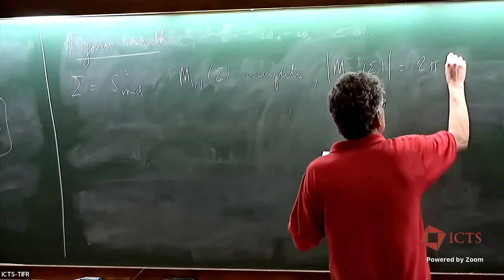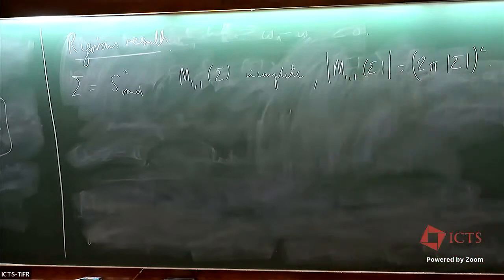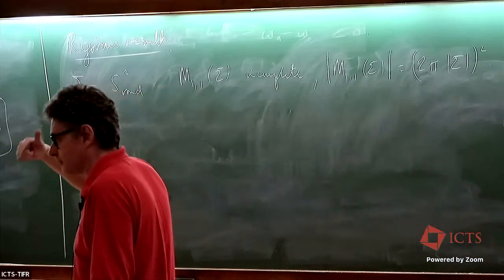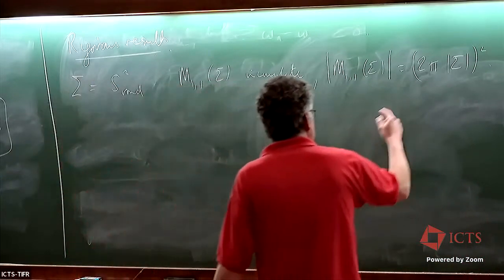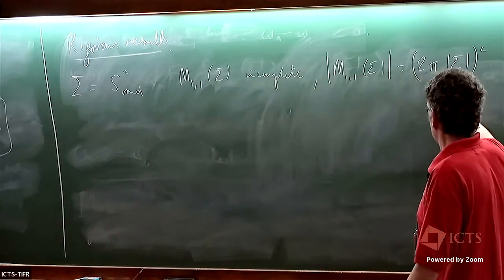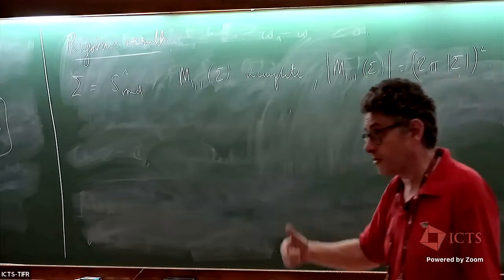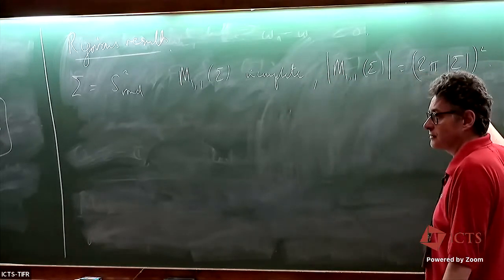It's 2 pi times the area of the surface squared. And that actually is a very satisfactory answer, because if you think of these things as being particles of mass, the rest energy, the static energy, they have mass 2 pi. This is basically the volume of the classical point particle configuration space of such a system. So this is a nice answer, okay?